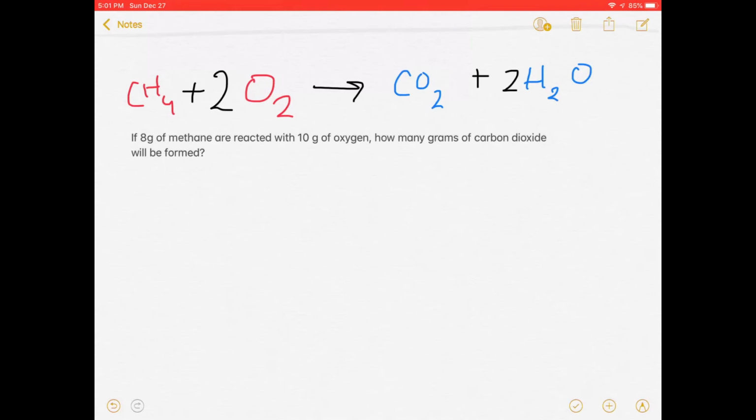So now let's go ahead and work with the question that deals with theoretical yield. Above we have the combustion reaction for methane that we've had for the past few videos. The question says, if 8 grams of methane are reacted with 10 grams of oxygen, how many grams of carbon dioxide will be formed? So essentially this question is asking us for the theoretical yield of carbon dioxide.